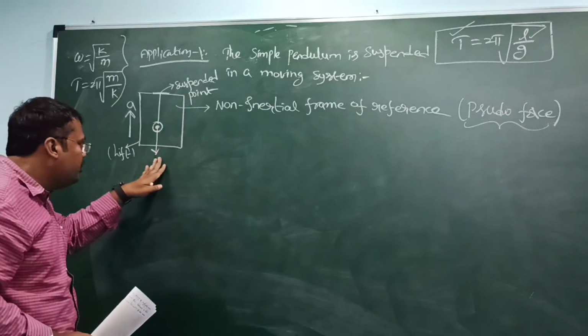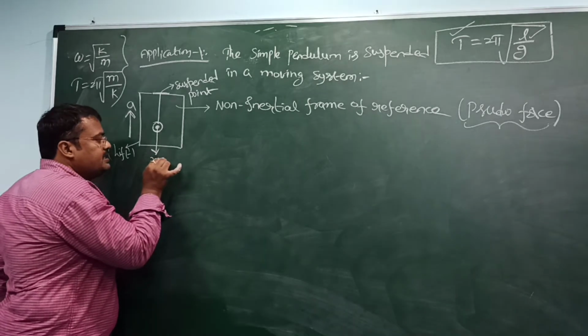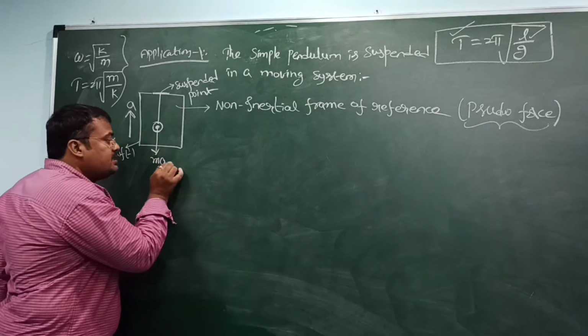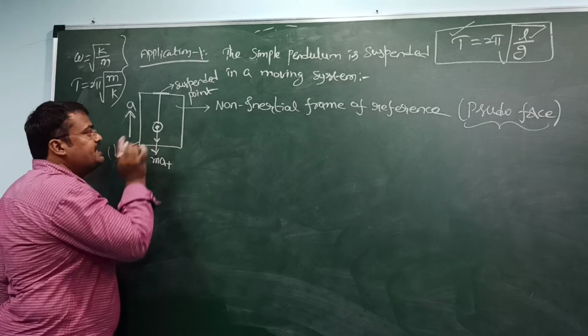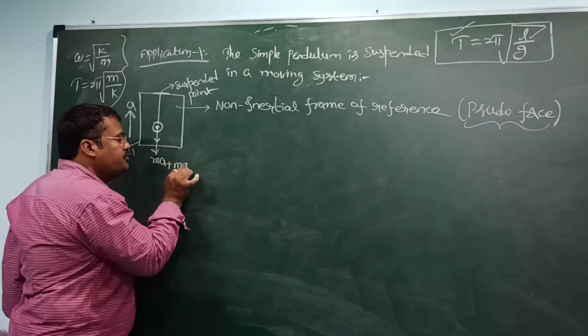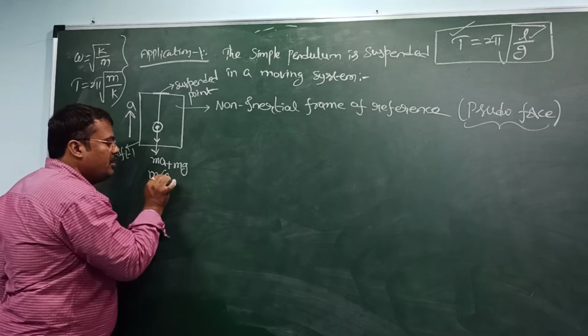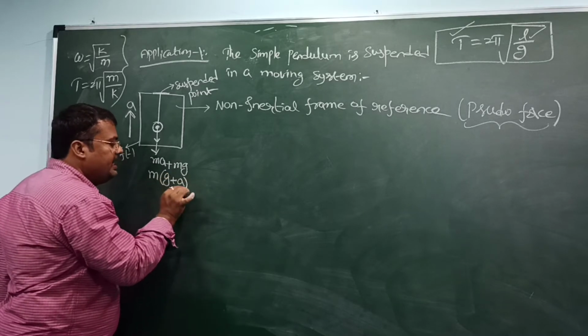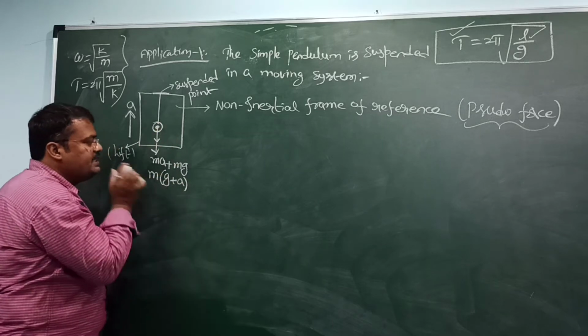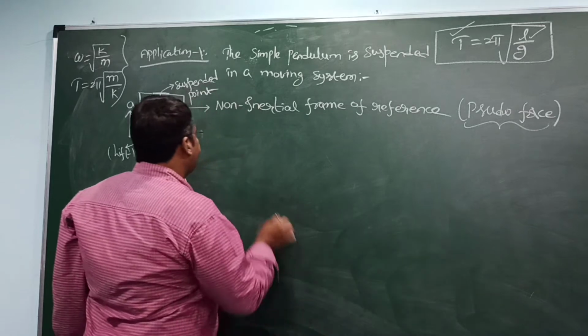So the bob experiences a pseudo force in the downward direction, that is m into a, plus another force, the weight of the bob, m into g. In total it is m into (a plus g), or g plus a. This much force it experiences at the equilibrium position.